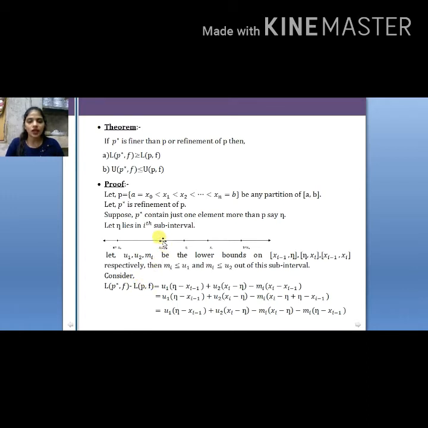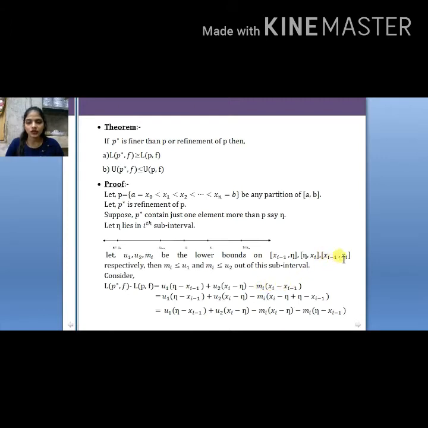Here we consider the ith sub-interval, that is x_{i-1} to x_i, and the lower bound of this interval is small mi. That means minus small mi into (x_i minus x_{i-1}), that is the lower bound into the length of that interval.